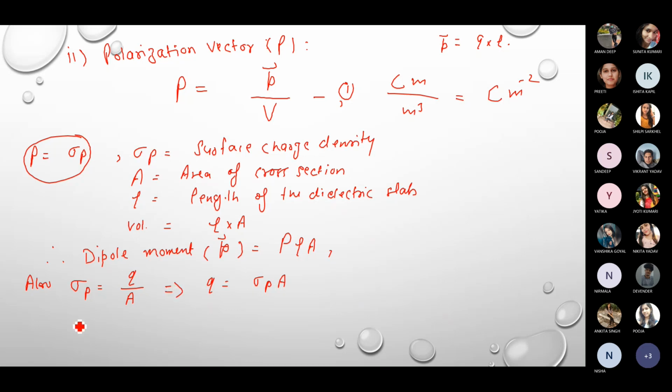Then in that case dipole moment क्या होता है? Dipole moment charge into length, right? q into l. q की वैल्यू यहाँ पे सब्सटीट्यूट करेंगे यहाँ से फ्रॉम दिस इक्वेशन नंबर 2, तो q की वैल्यू क्या है? सिग्मा p into a. So this is sigma p a l and let's say this is equation number 3.